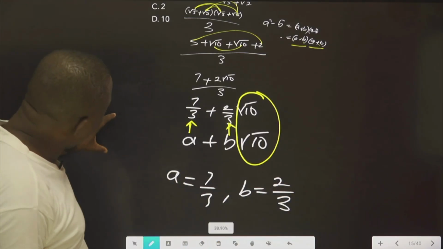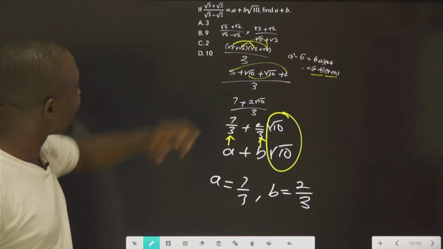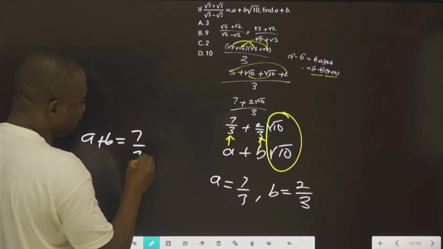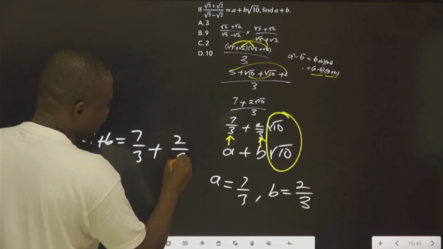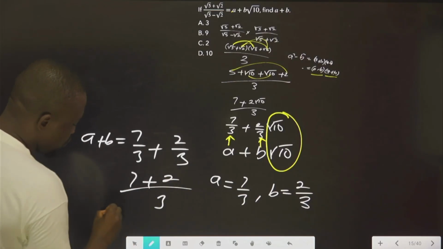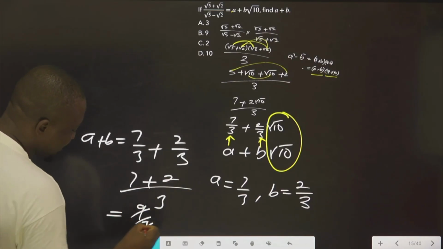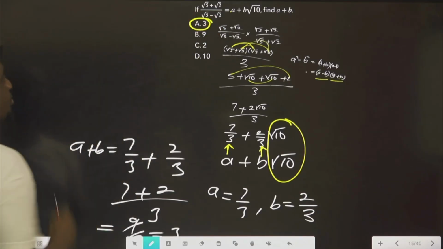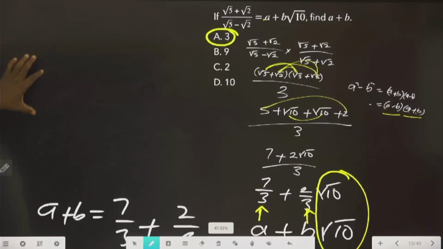Okay? Now that we have A and B, we can now add them together. A plus B, therefore, which we are asked to find, is 7 over 3 plus 2 over 3, which is 7 plus 2, which is 9 over 3. 3 divided by 3 is 3. So 3 is the answer. A is the answer.